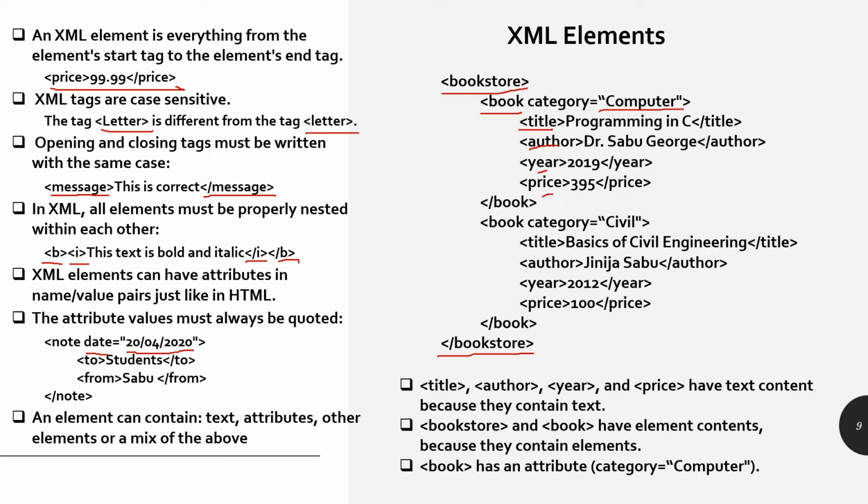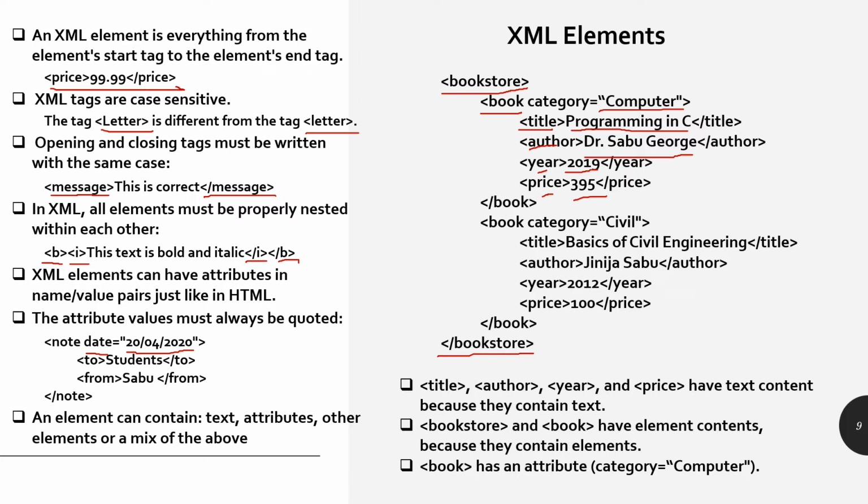consist of text contents. For example, book category computer, title Programming in C, author Dr. Sabu George, then year of publication, cost.